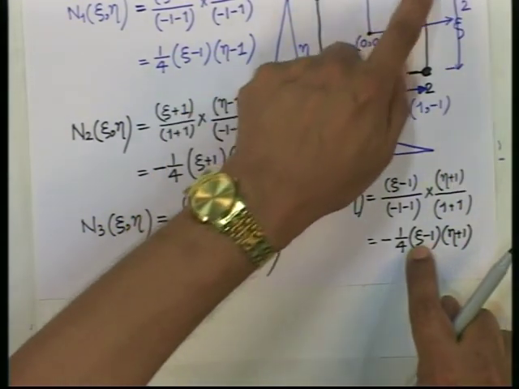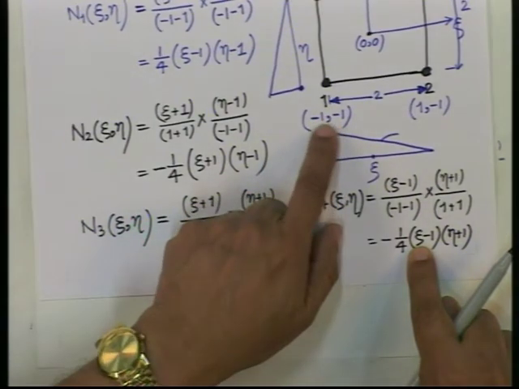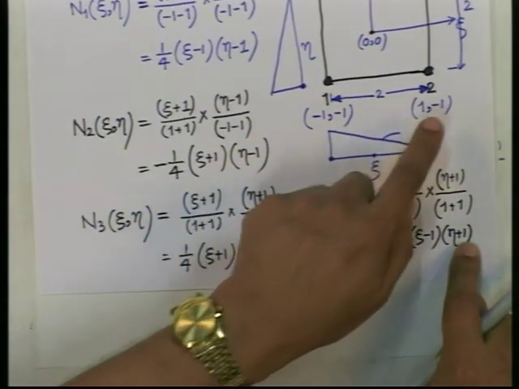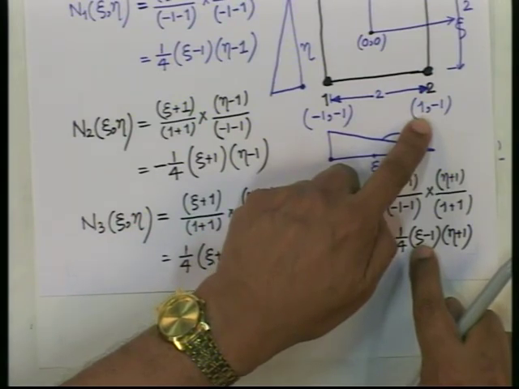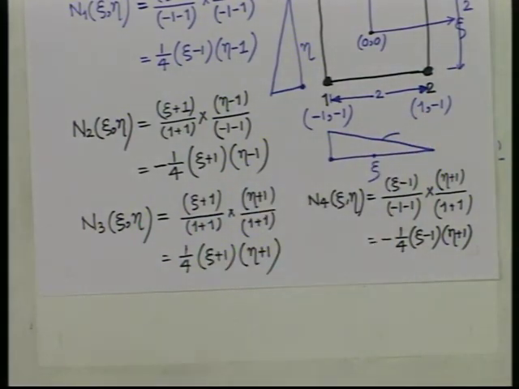So, this will be 0. Here again there is 1 minus, so it will be 0. Here again there will be 1 plus, psi is plus, so it will be 0. So, it satisfies.